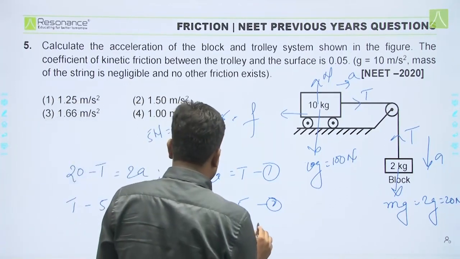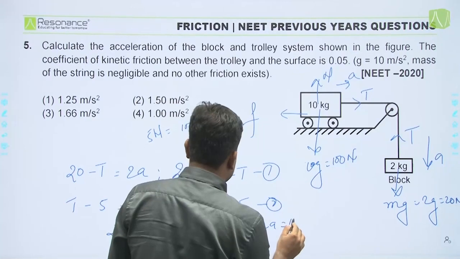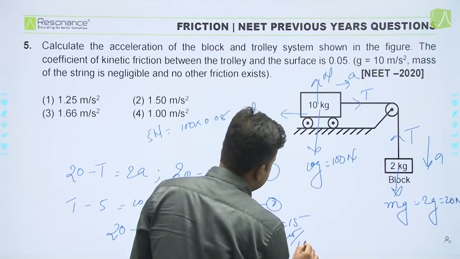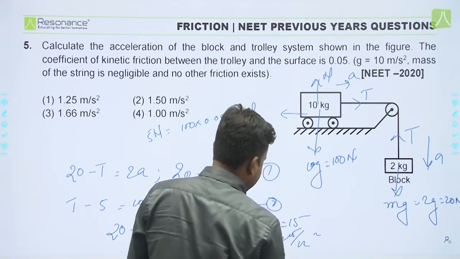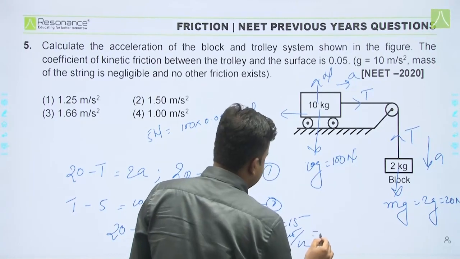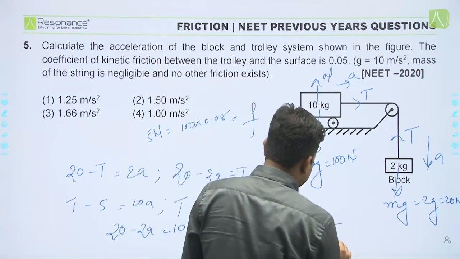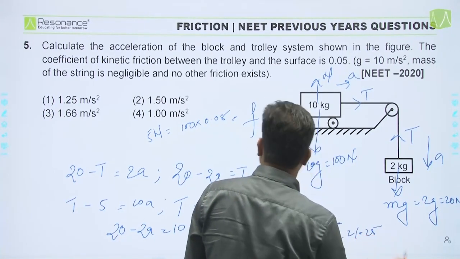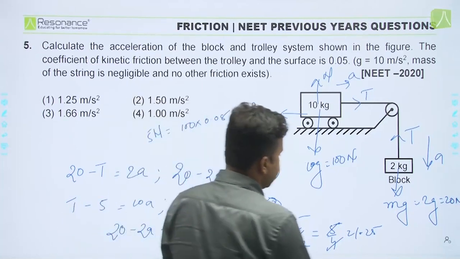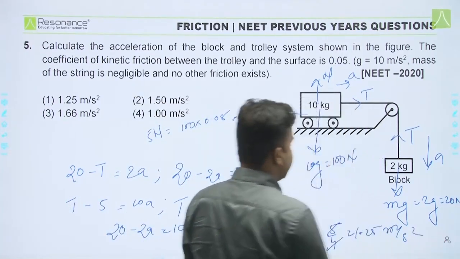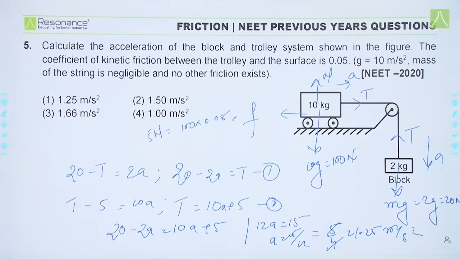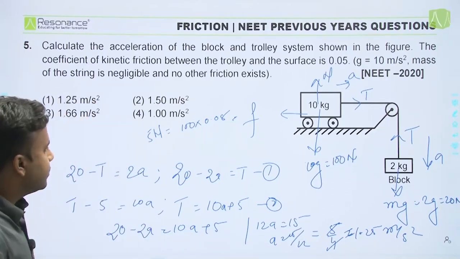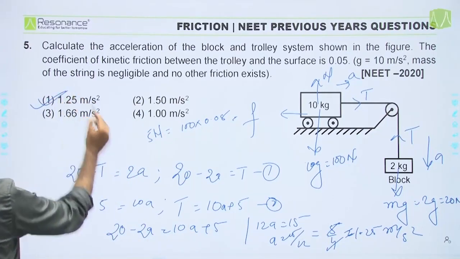So what you will get from here is 12A equal to 15, or A equals 15 upon 12, or we can write it as 5 upon 4. 5 upon 4 is 1.25. So the answer for acceleration, here in SI unit, is 1.25 meter per second squared. So the first option is the answer.